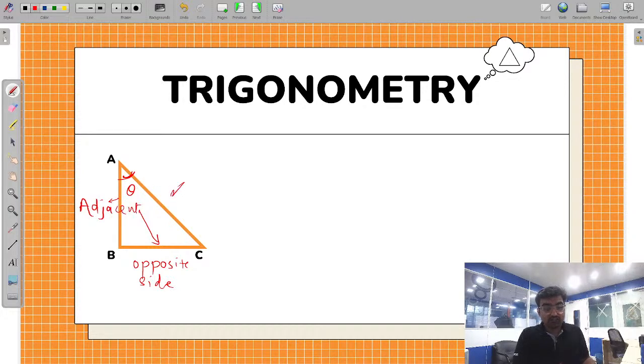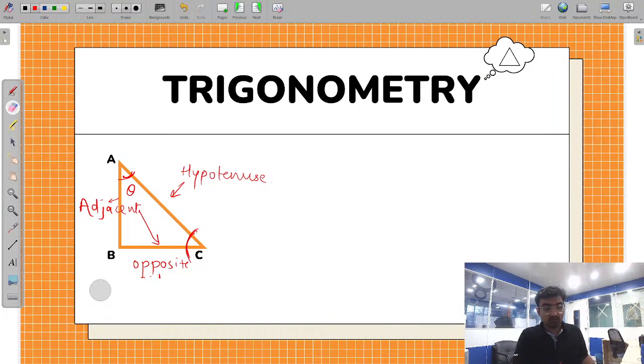And AC, as always, will be the hypotenuse. So always remember, in trigonometry this is most important: you have to think about which angle you are talking about. Depending on the angle, the opposite side and adjacent side will change, and that will create a massive change. The ratios will change, so you have to take care of that.